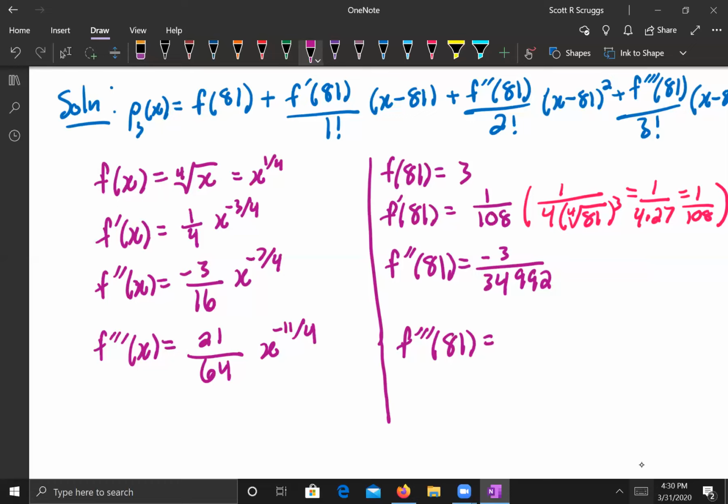The one thing I don't necessarily agree with Anthony on is I don't think we should have a negative sign. Because when I took the third derivative, the negative sign for the -7/4 should cancel with the negative sign in front of the -3/16. So I believe that just should be 21 over that very nasty number.